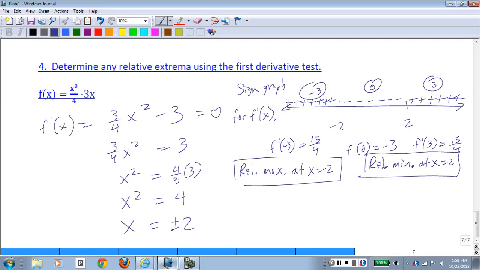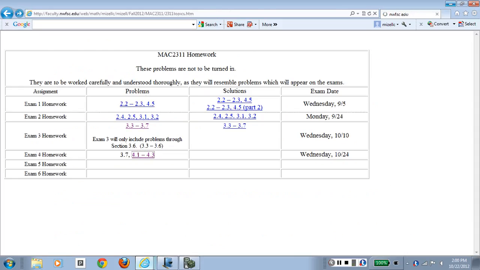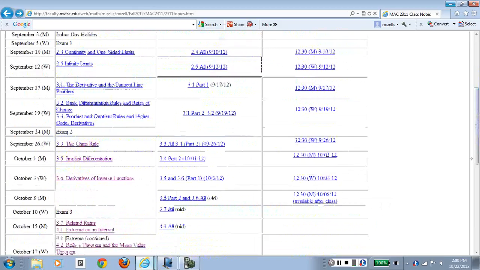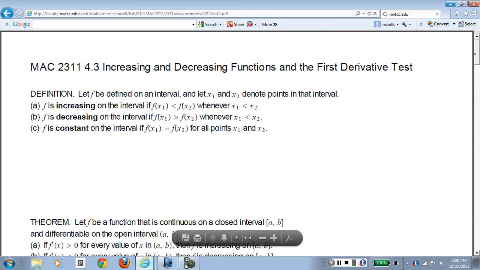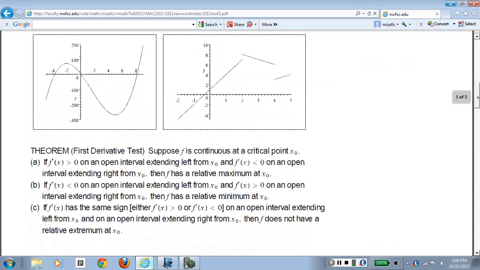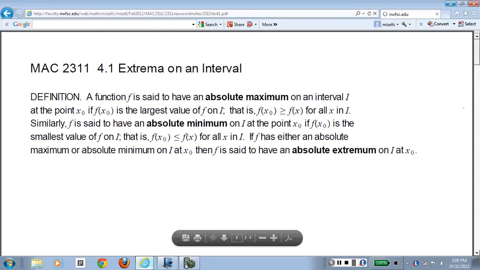Let me refer back and see exactly how I define relative extremum, to see the role of the y coordinate there. That would have been back in 4.1.